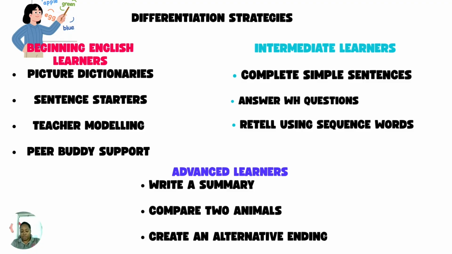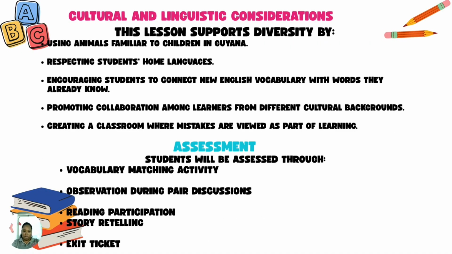Students receive the level of support they need while still being challenged. Cultural and linguistic considerations: cultural relevance makes learning more meaningful. By allowing students to connect English with their home language, it helps them strengthen their understanding rather than just replacing their first language.